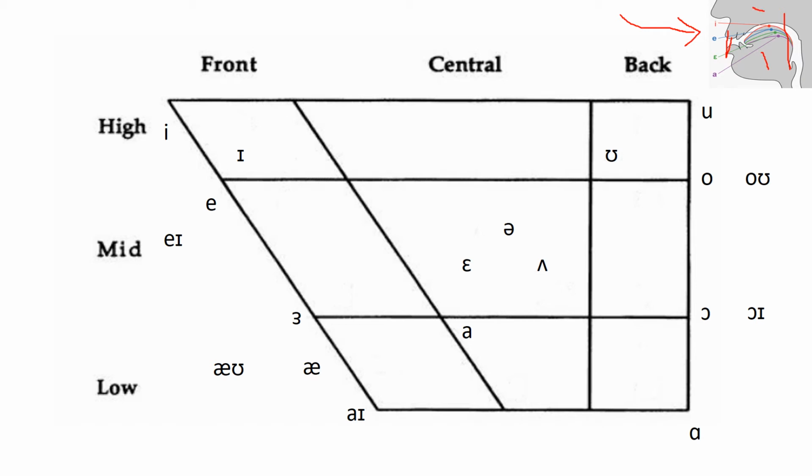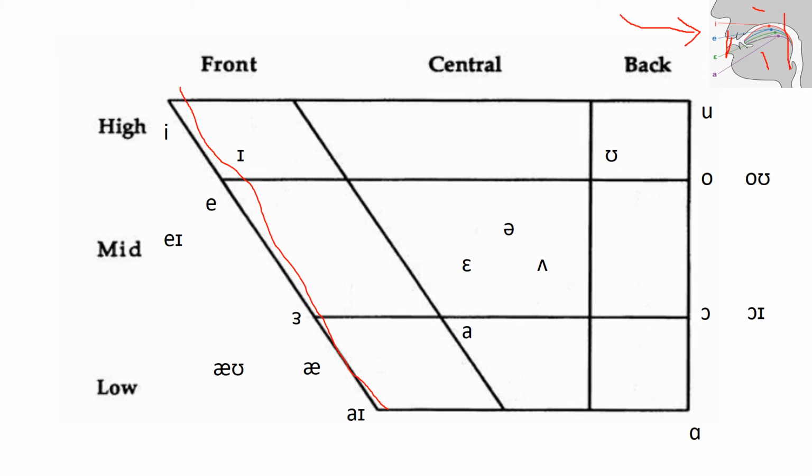All of the vowels in the left part of the chart are the front vowels. That means our tongue is rolling forward to produce the vowel. So when we say e or a or e, our tongue is moving forward, closer to the opening of our mouth. So that is the front vowel.